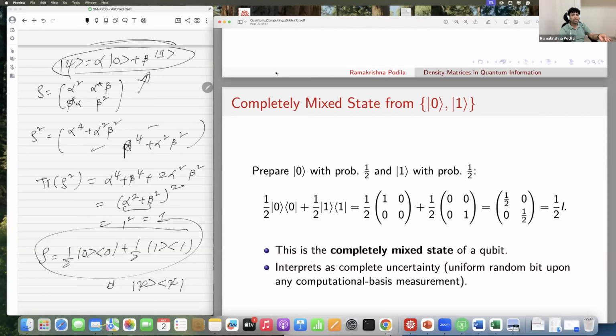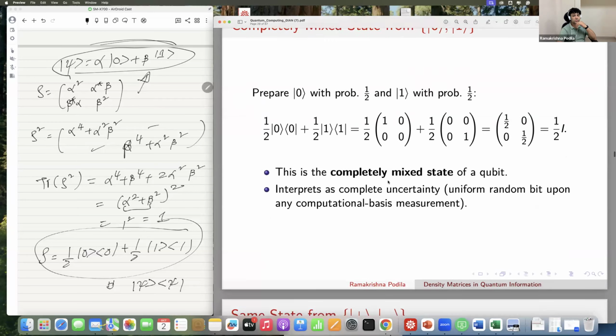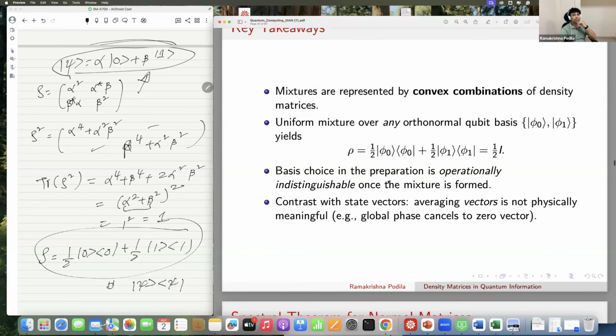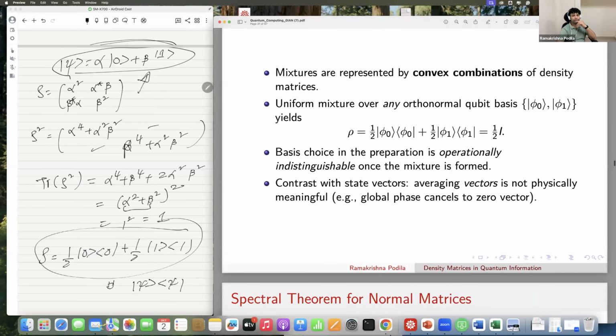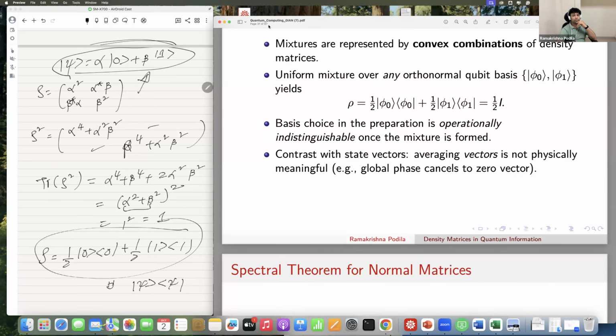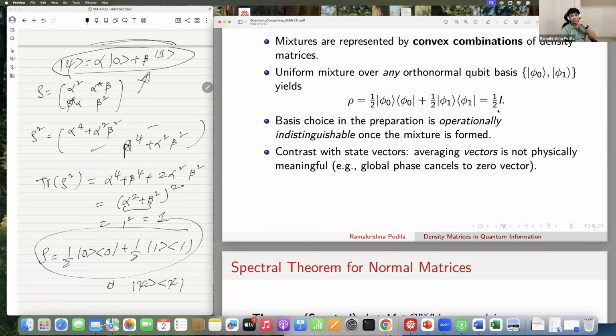Is that clear to everyone? Any questions? Yes, Professor. It's true. Are you with me? Yes, yes. Okay. So any mixture over an orthonormal basis basically gives you the same maximally mixed state.